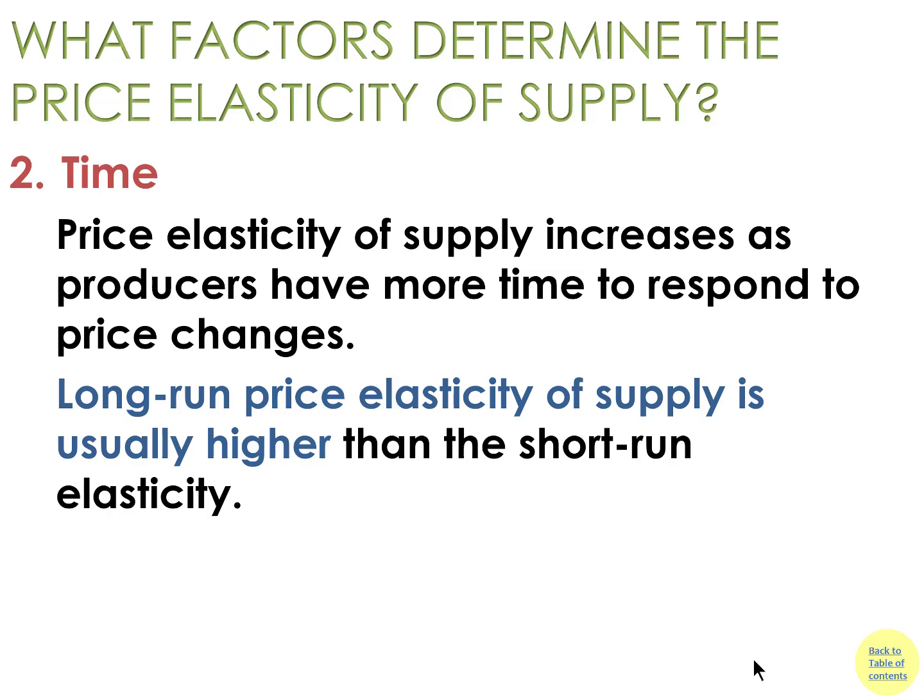They can respond better to price changes over time. Give them time to plant trees, to build nuclear reactors, and you're going to see that they will respond more over time. Price rises, they can't do much now, but in the future they may increase by 30, 40, 50%.